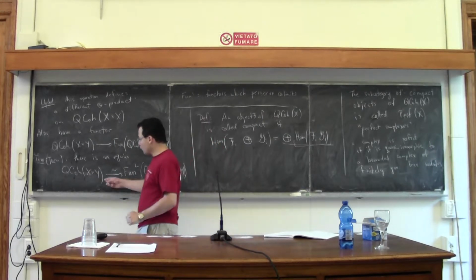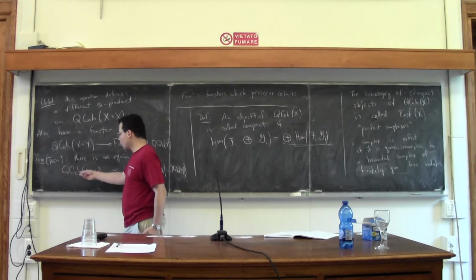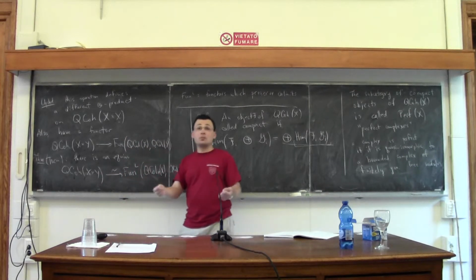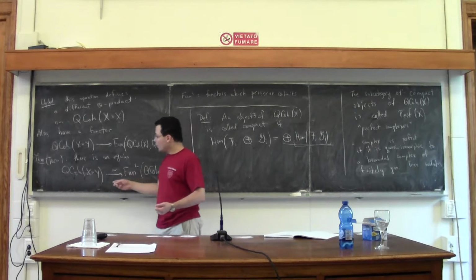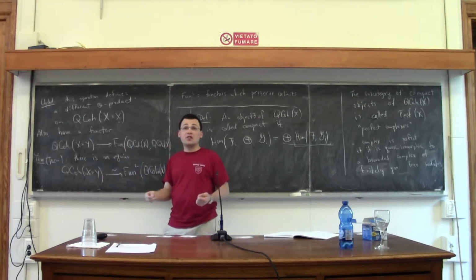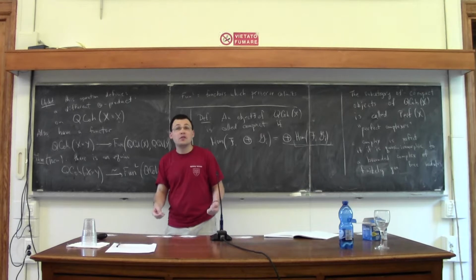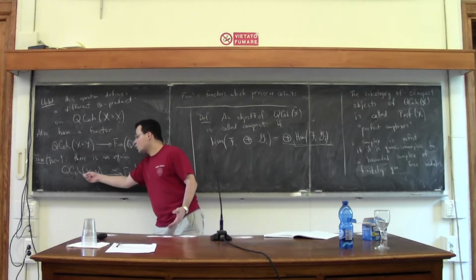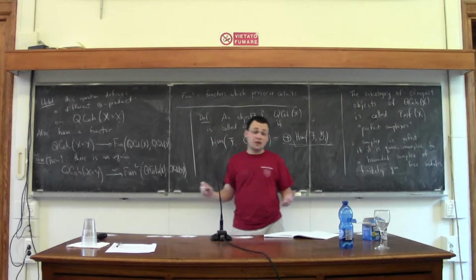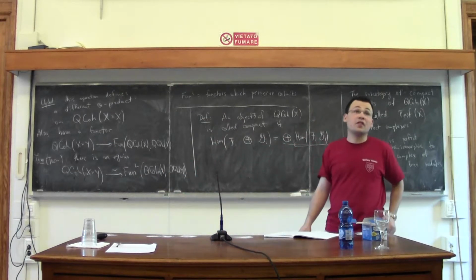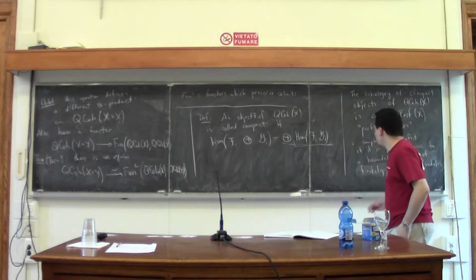I don't want to say what it is, but I'll just tell you the answer, which is that quasi-coherent sheaves on the product is the tensor product of the quasi-coherent sheaves. But you'd expect there to be some dual. Well, one feature of these categories is that they're canonically self-dual. And so you really are taking the tensor product of sheaves on X and the dual of sheaves on Y, so it exactly fits into that kind of idea that you're describing.